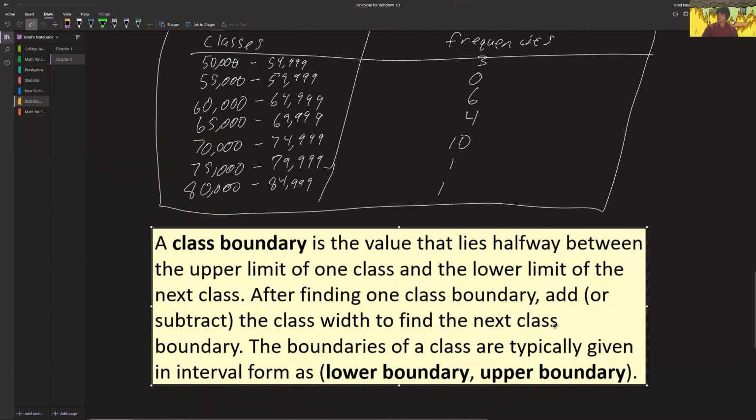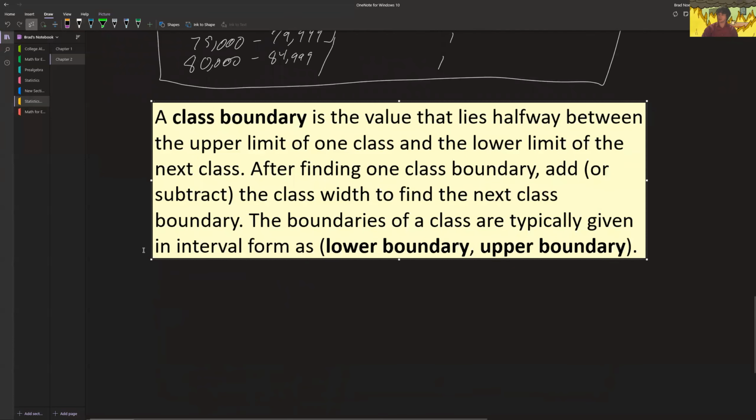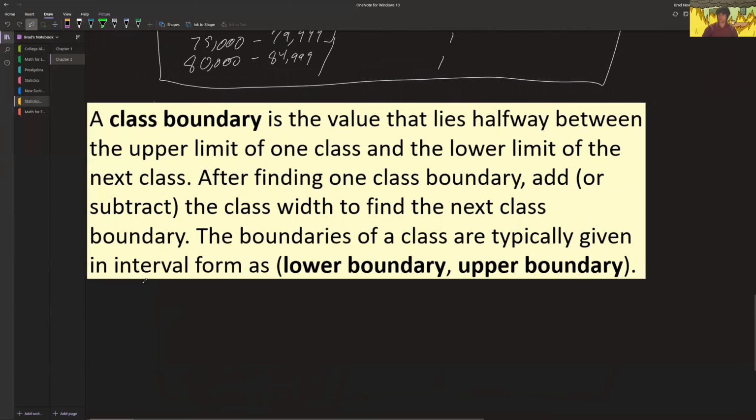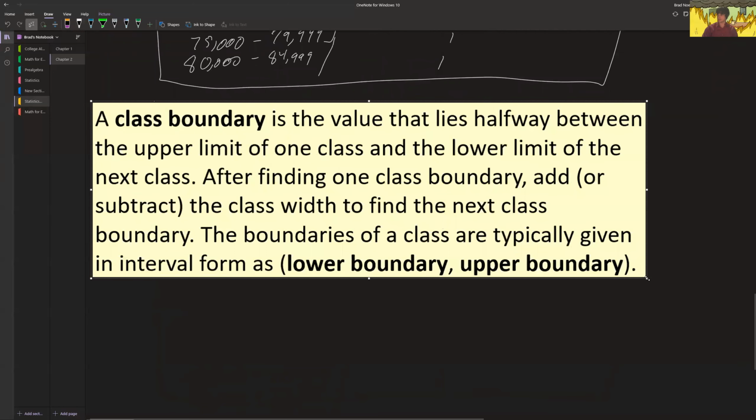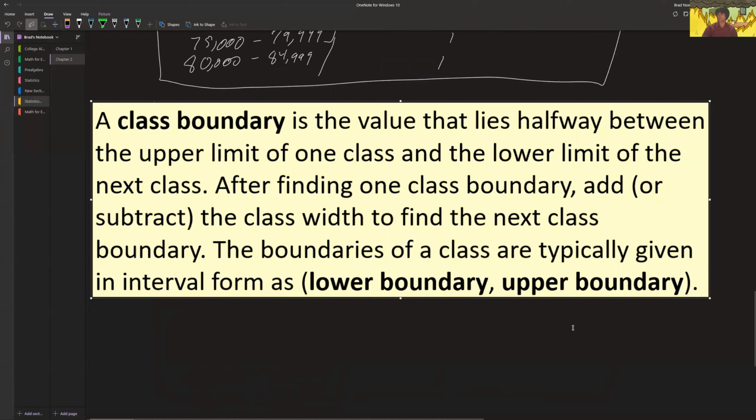A class boundary is the value that lies halfway between the upper limit of one class and the lower limit of the next class. After finding the class boundary, add the class width to find the next class boundary. Class boundaries are typically given in the interval form: left parenthesis, lower boundary, upper boundary, right parenthesis.